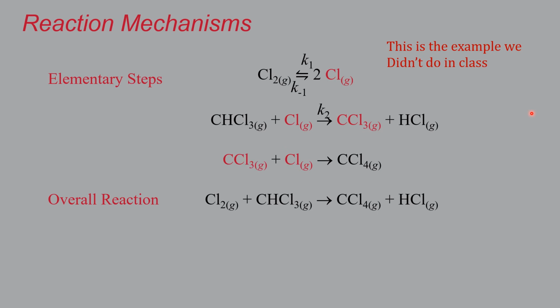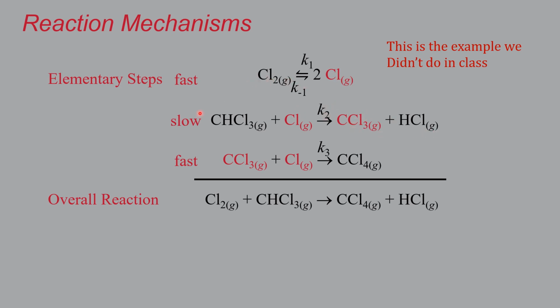Step 3 is the reaction of the CCl3 with a chlorine atom to form CCl4. And that one's going to have a rate constant K3. The supposition is that step 1 is fast, step 2 is slow, and step 3 is also fast. So we have two intermediates in this process, the chlorine atoms and the CCl3.